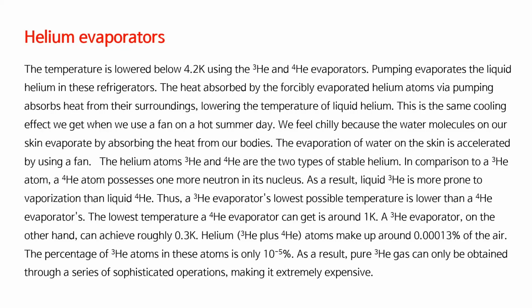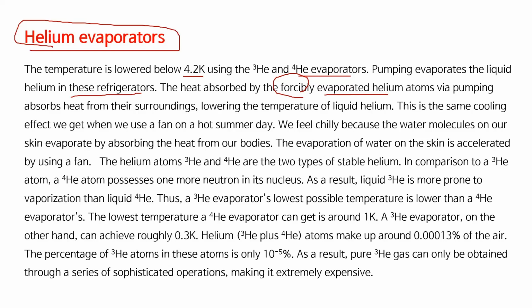Now let's first see the helium evaporators. The temperature is lowered below 4.2 Kelvin using the helium-3 and helium-4 evaporators. Pumping evaporates the liquid helium in these evaporators. The forcibly evaporated helium atoms absorb heat from their surroundings, lowering the temperature of the liquid helium.